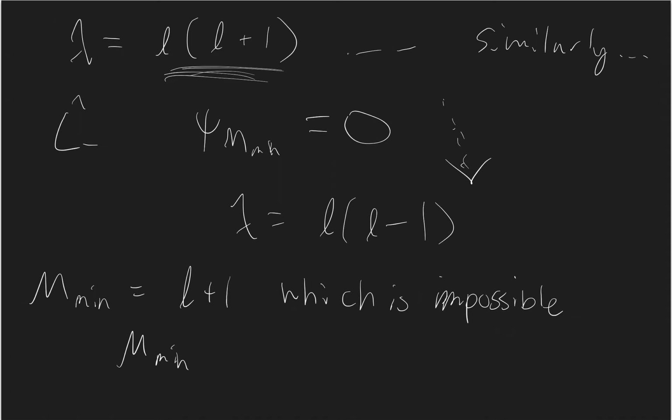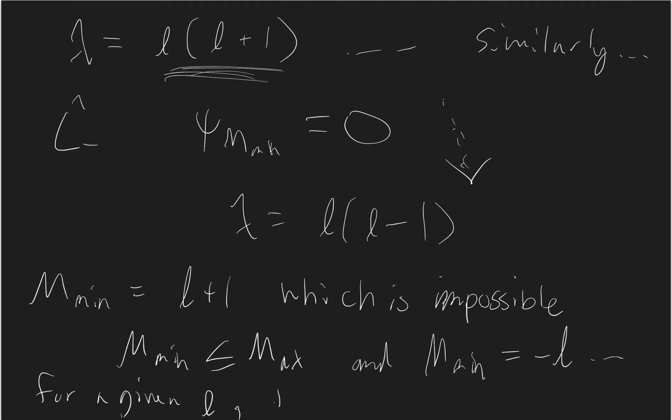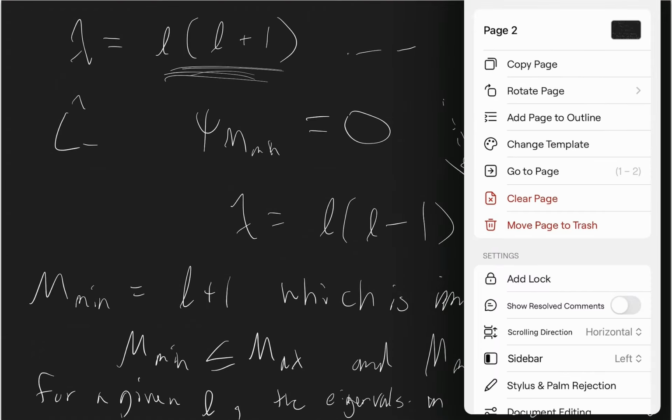Because the reason why this is impossible is that L min should be less than or equal to L max, and L min is equal to minus L. So thus, for a given L, the eigenvalues of the angular momentum operator here range from negative L to positive L.